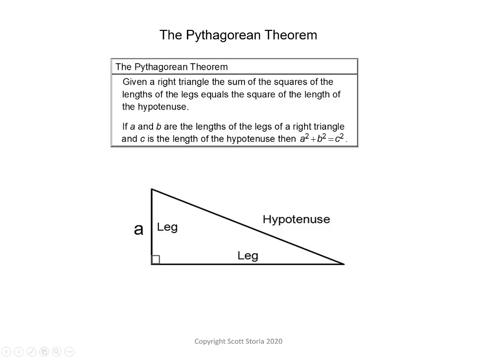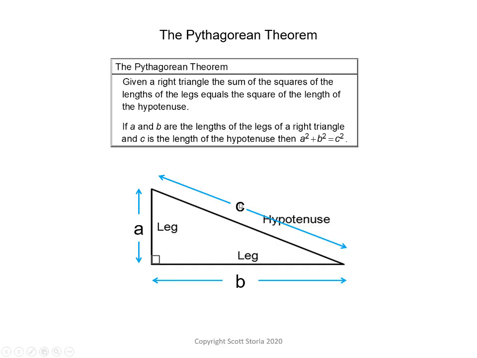For instance, if I decide that this is going to be my A, and I measure its distance, then this has to be my B, and I measure its distance. Because the Pythagorean theorem says that if you measure the distance of A and square it, and then measure the distance of B and square that, and add those together, you'll get the distance of the hypotenuse, which is referred to as C, squared.